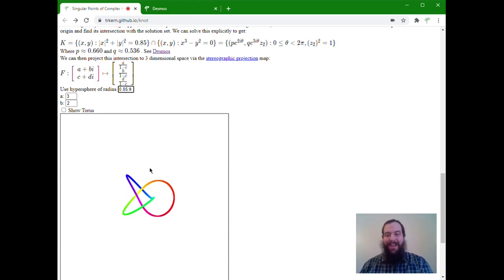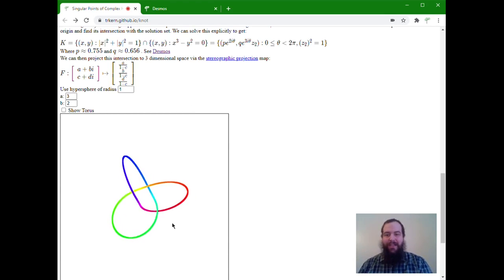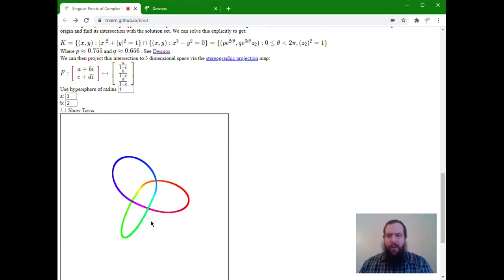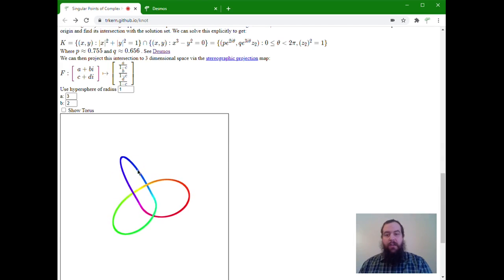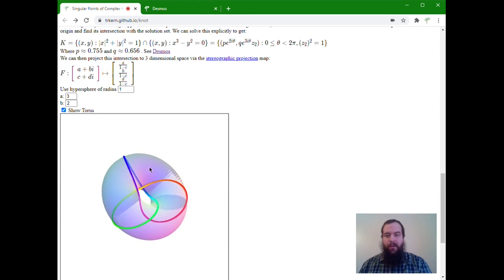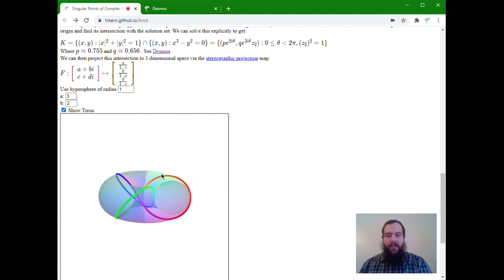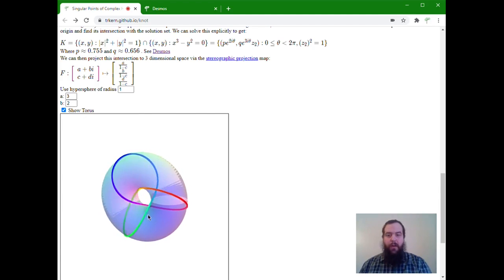So this is it. This is our intersection, and it gives us really nice looking pictures of knots as well. So what's going on here? Well, first of all, this knot here is actually a torus knot, and what I mean is that if we draw a torus of appropriate radii, the knot lies entirely in the surface of that torus.